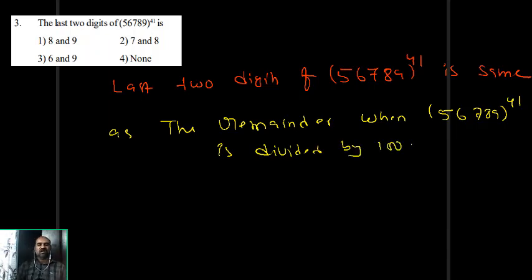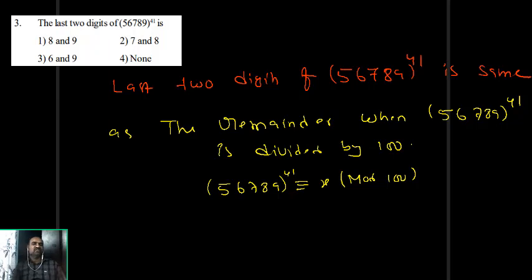What does that mean? 5789 power 41 is congruent to x modulo 100. What is x? That is the required last two digits of the number. Observe, 100 and this are co-primes only. This is an odd number, this is an even number. Obviously, 5789 and 100 are co-primes.